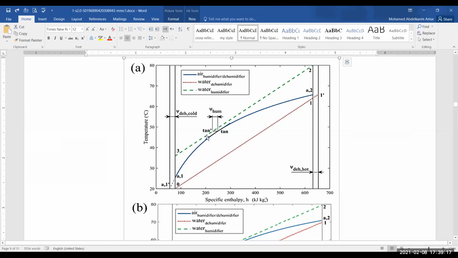Actually, when we are looking at the effectiveness of the humidifier, I would say that it is HA2 minus HA1 divided by HA2 minus HA1 plus psi. Psi here is the enthalpy pinch of the humidifier. So that's a new definition here for the effectiveness of the humidifier.